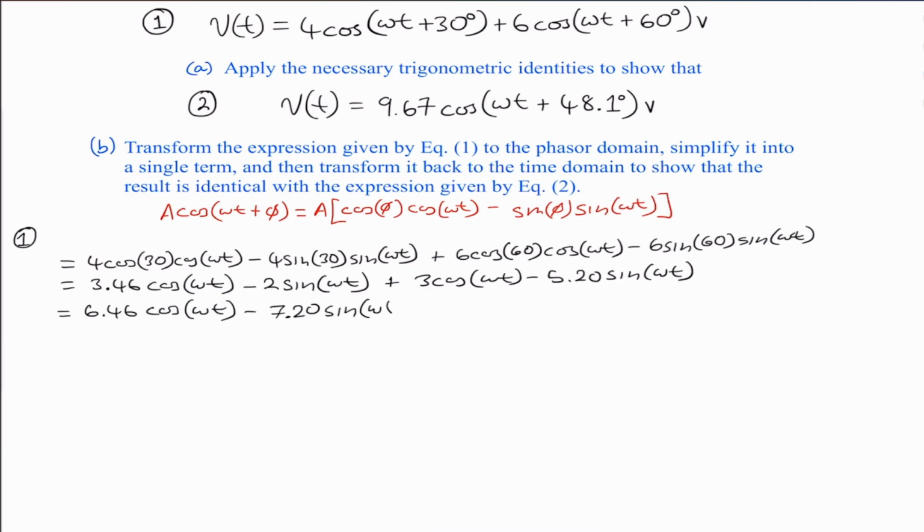At this point, I don't believe there are any more trigonometric identities I can use.